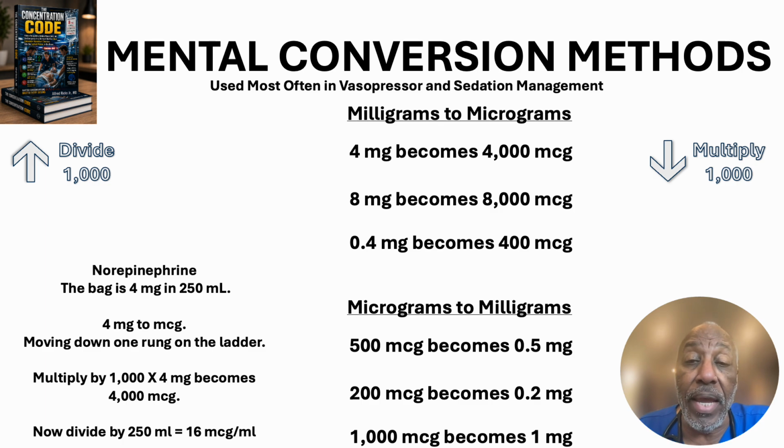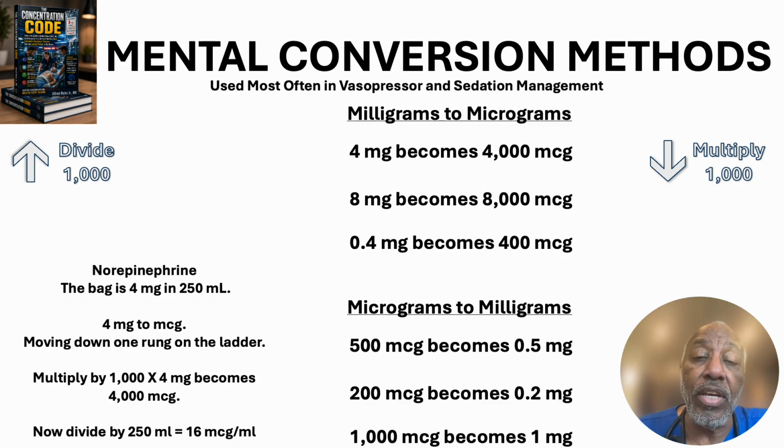The clinical anchor that makes this automatic is norepinephrine. A standard norepinephrine bag is 4 milligrams in 250 milliliters. 4 milligrams is 4,000 micrograms. Divide by 250 and you get 16 micrograms per milliliter.